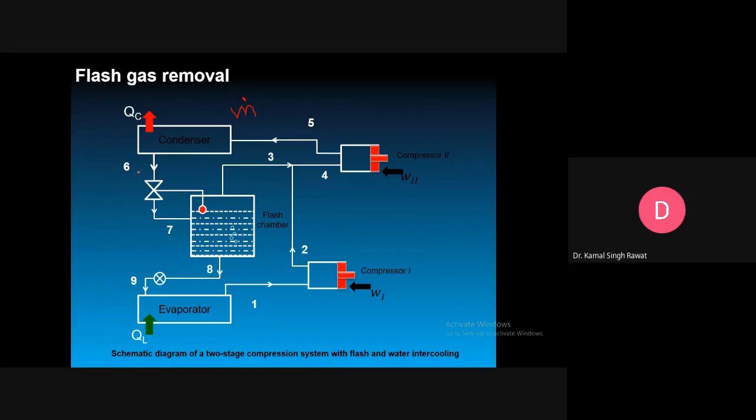M dot. So at point 6 we have m dot. Okay, now we have expanded this liquid in the expansion valve, and at point 7 we have mass of how much? M dot. M dot. What is the mass at point 8? Mass flow rate. Is it m dot or less than m dot or more than m dot?